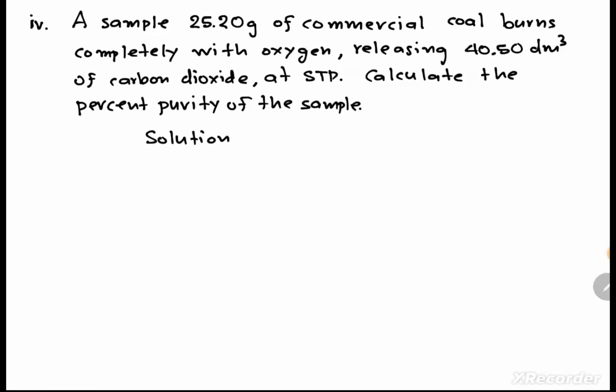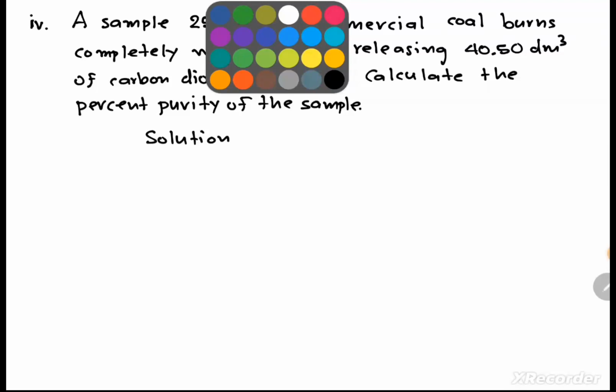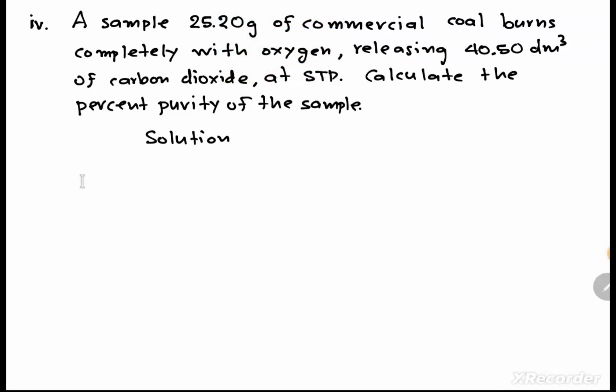As we said, first we write the balanced equation. So we have the equation carbon and oxygen gives carbon dioxide. We are interested in carbon and carbon dioxide. So we have 1 mole gives 1 mole. Then we use the volume of carbon dioxide which is produced.